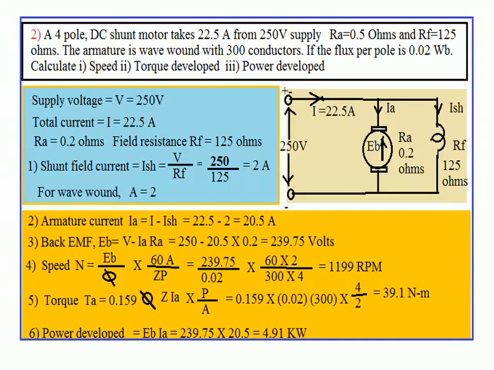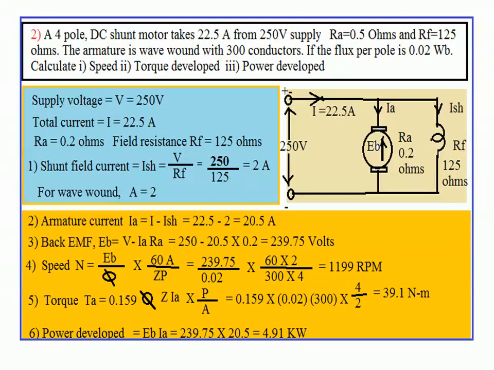EB equals V minus IaRa. So we finally get 239.75 volts. Once you calculate the back EMF, next it is asked to calculate the speed of the motor. Back EMF is also equal to phi ZN divided by 60 into P by A. Hence, using that equation, N you calculate. Substitute all the values. We are going to get 1199 RPM.